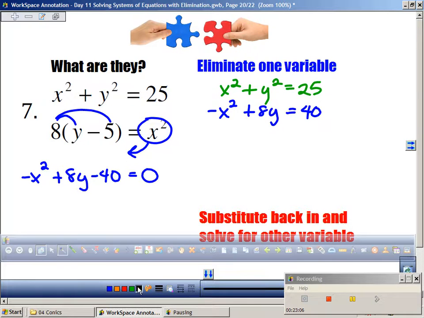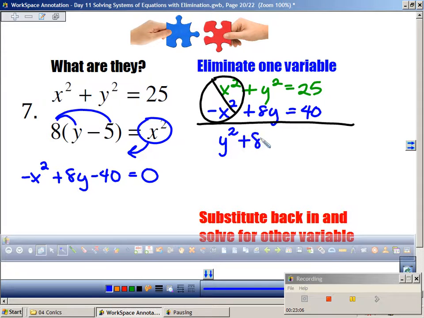All right, now here's where you guys meet. There's a common misconception here. This is going to go away. But now I'm left with Y squared plus 8Y equals 65. 8 Y's and Y squared is not 9 Y's. And it's not 9 Y squared, right?